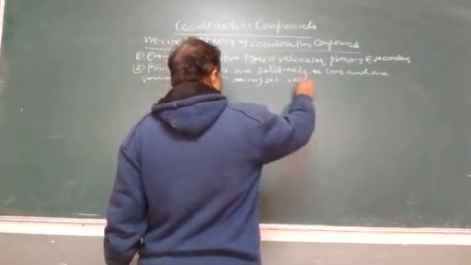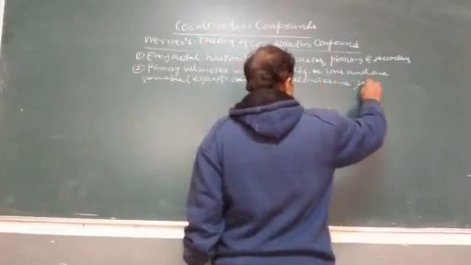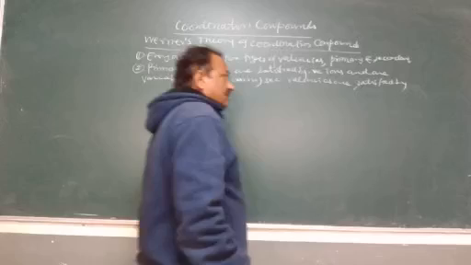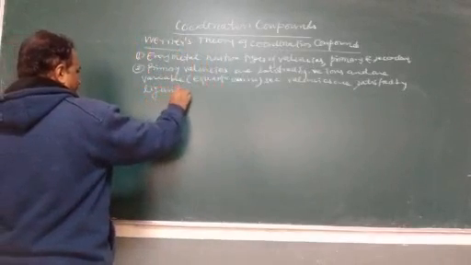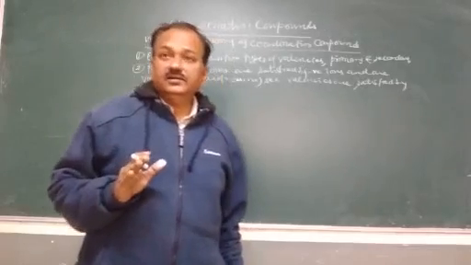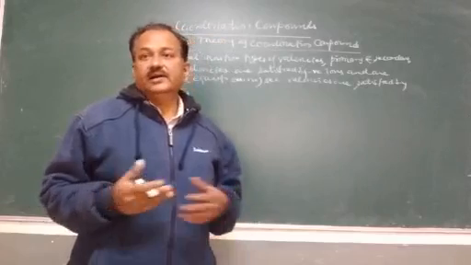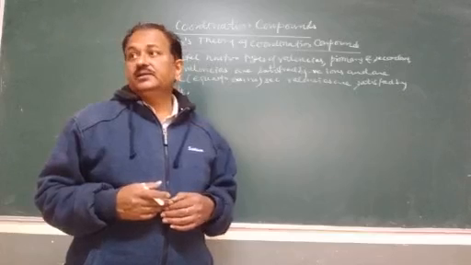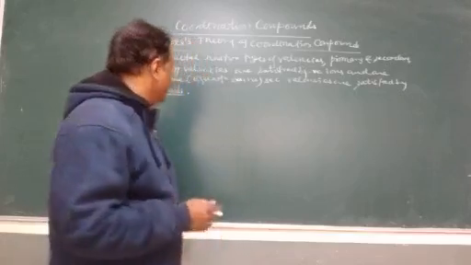Secondary valencies are satisfied by ligands. Ligands are specialized particles like ions or molecules. Ligands can be neutral, anionic or cationic.